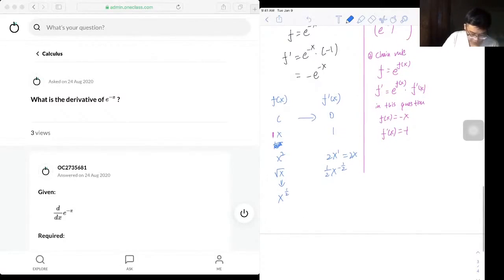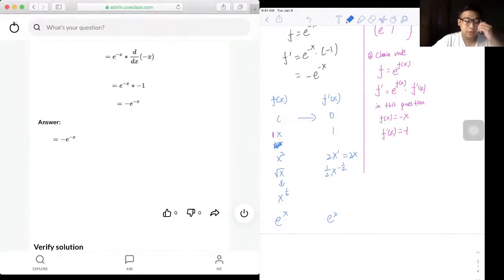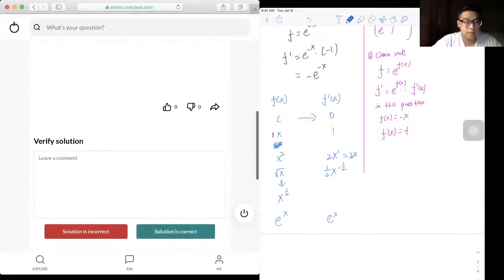And for the very last one, we just mentioned, the derivative of e^x will still be e^x itself. So the answer for this question is negative e to the exponent of negative x. Good work.